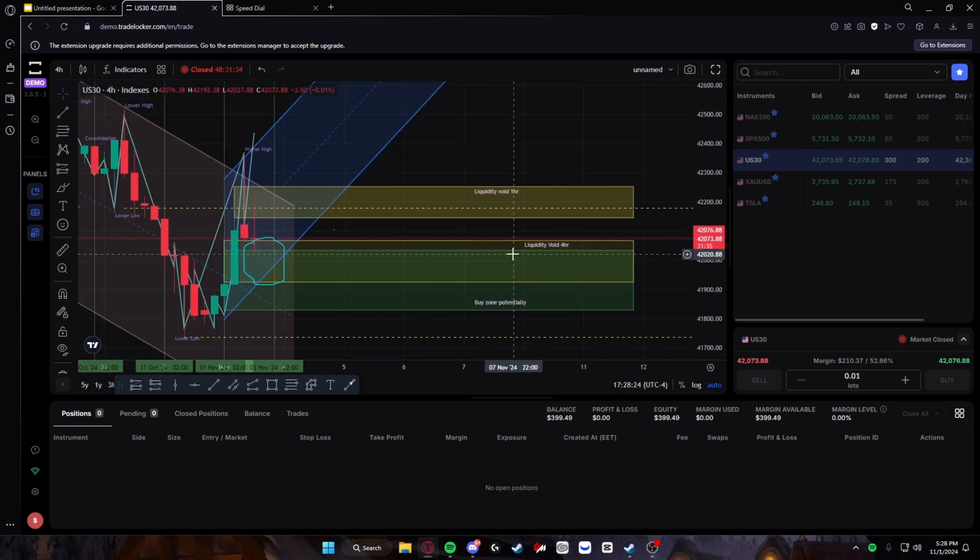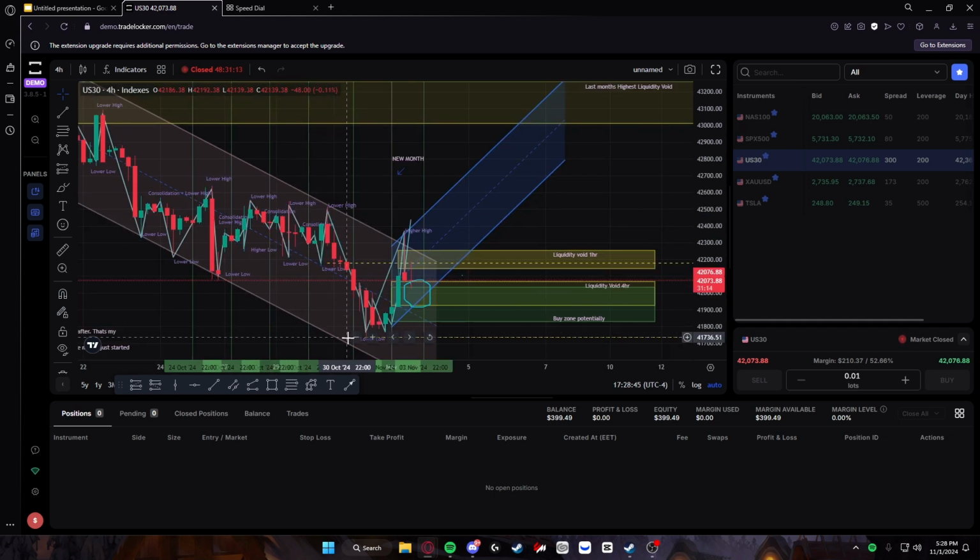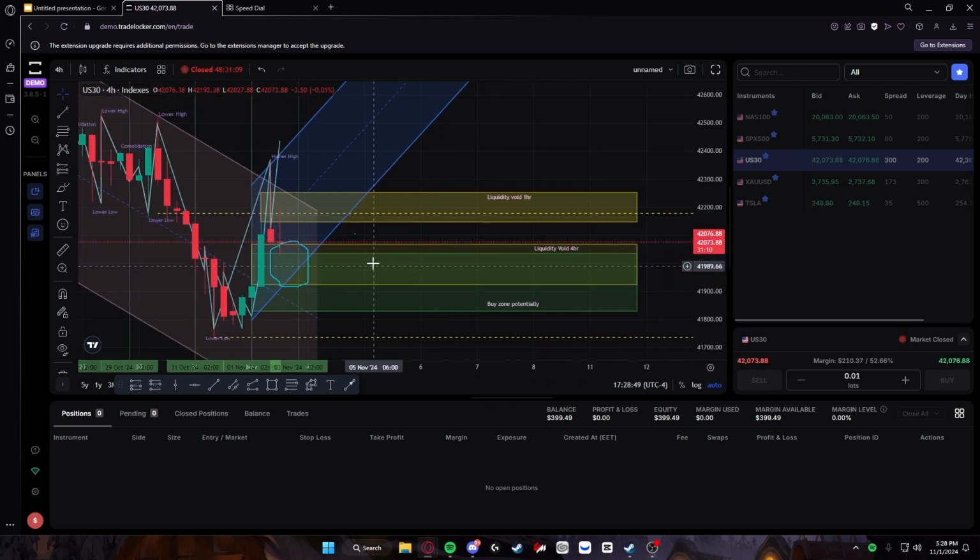Oh, but I also marked a 4 hour liquidity void right here. My prediction was that by the end of the day, or the next day, this liquidity void is going to get touched. So I used the fib tool to mark everything down, and this is my buy zone in the liquidity void.